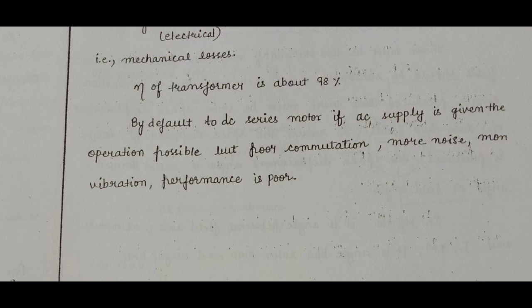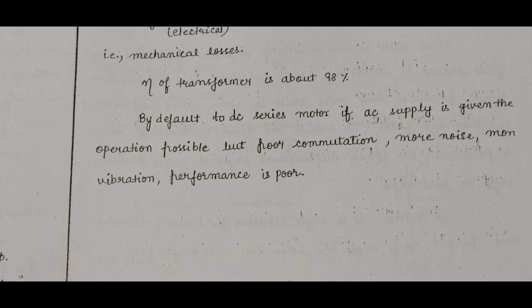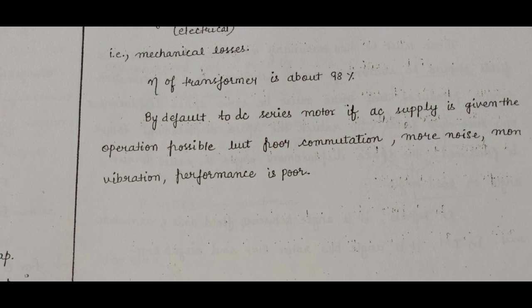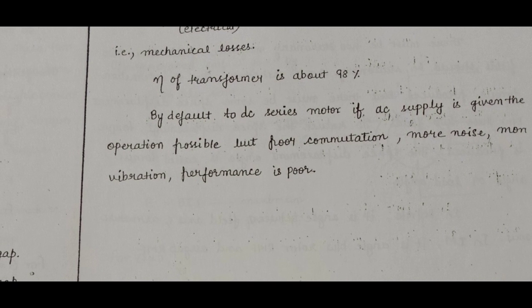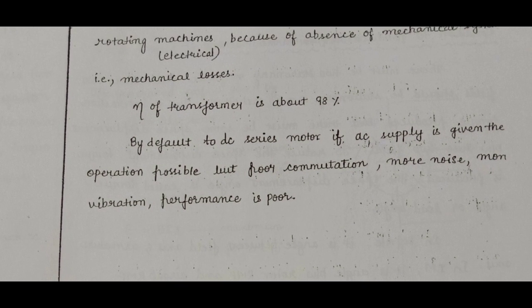For a DC series motor, if AC supply is given, operation is possible, but with poor commutation, more noise, more vibration, and poor performance.